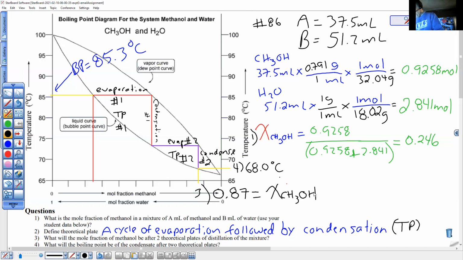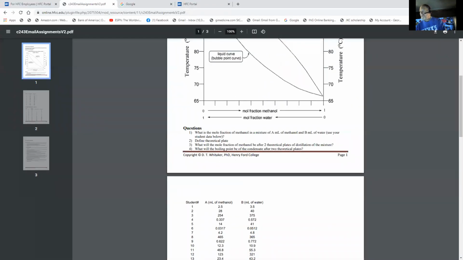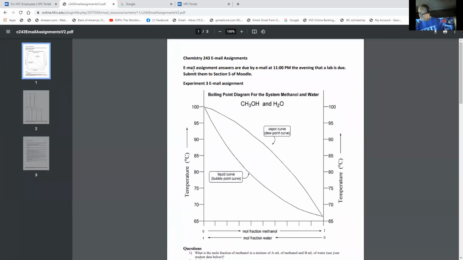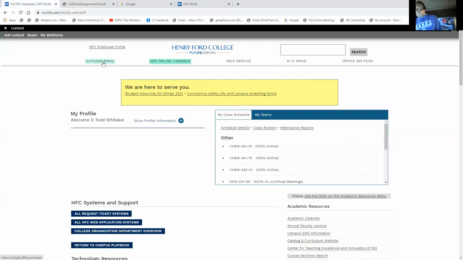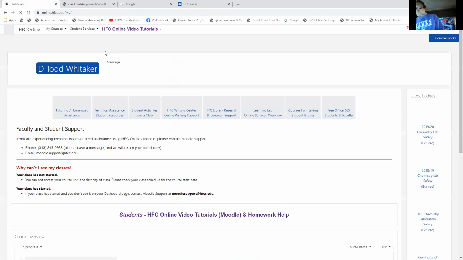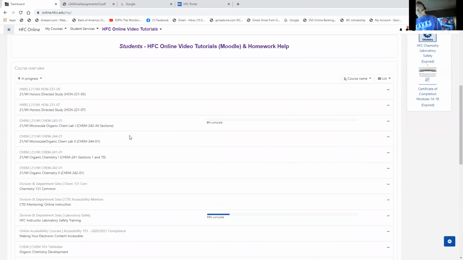And that brings to a conclusion our solving of the email question for experiment 3. And we're supposed to submit it. It used to be submitted by email, and that is no longer the case. Email assignment answers are due by, it says by email. This is the old version. The new version doesn't say that anymore. I promise you. Let's go to the new version. I just edited it, that's why. Okay.